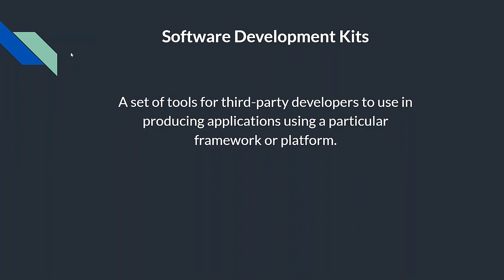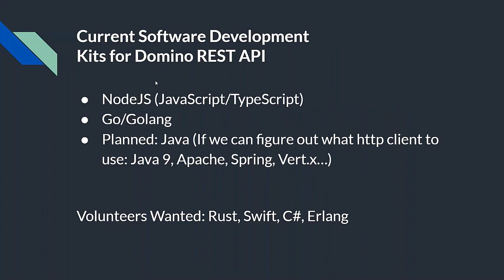So for the Domino REST API, we currently support Node.js, which is also JavaScript or TypeScript, as well as Golang. But we also plan for Java. But we have not yet figured out what HTTP client to use. So it can be Java 9, Apache, Spring, or Vertex. But it's all rough plan or rough sketch yet.